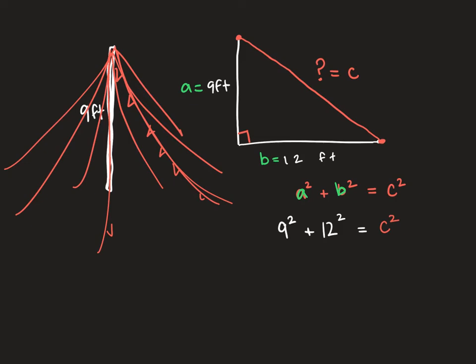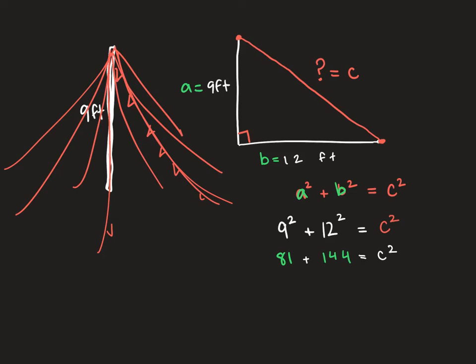Well, what is 9 squared? That is 81. What is 12 squared? That is 144. This is equal to c squared. We still don't know what this is exactly equal to.